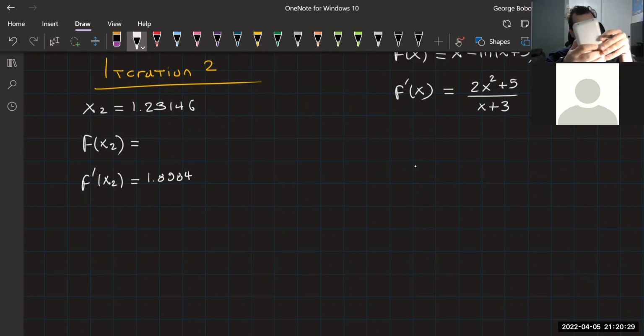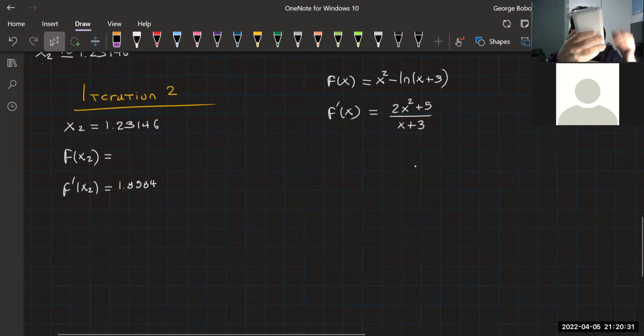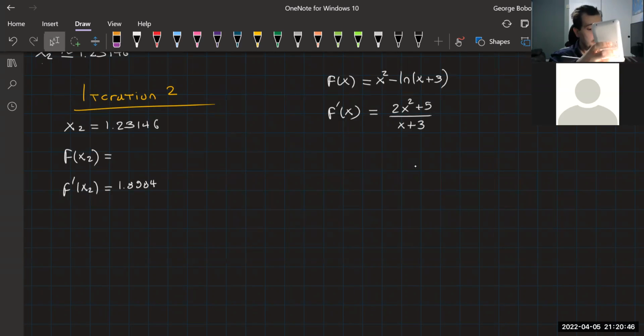Okay, and then we have the other one being, again, 1.23 squared minus the logarithm of this number plus 3. That is 0.0739, so we're very close to the root.